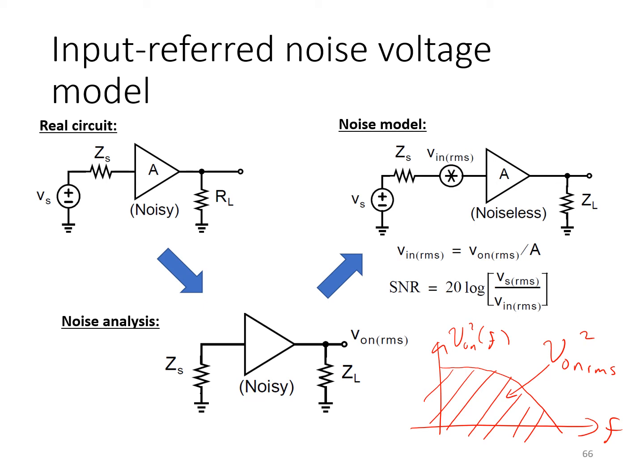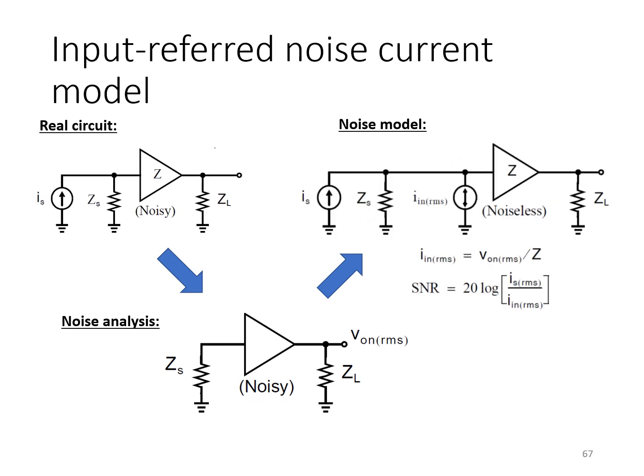Then, since we found that output noise with ZS in place here, we can find an equivalent input-referred noise voltage simply by taking that output noise RMS and dividing by the midband gain of the amplifier A. And that'll give us the total input-referred noise in RMS terms that captures the noise performance of the amplifier as long as the source impedance remains ZS.